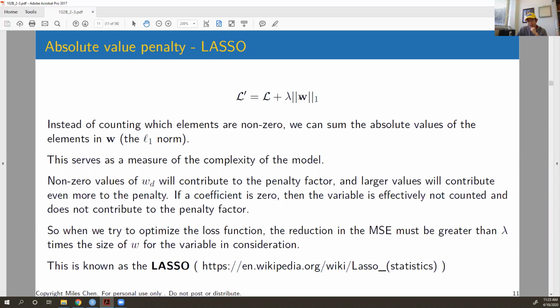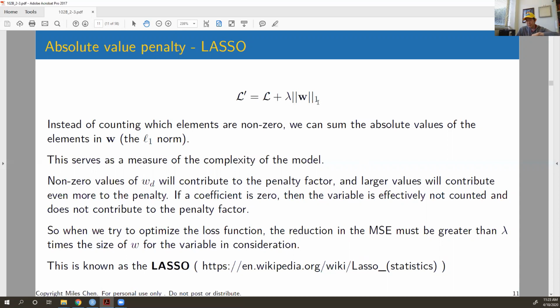And let's say increasing the slope only reduces your L by just a tiny, tiny bit. In that case, you're better off not increasing the slope, because it will make this thing bigger, and it only reduces the L a tiny bit. So in order to justify increasing the slope, the drop in the L has to be big enough to balance out, or has to be greater than how much you increase W by. Does that help?